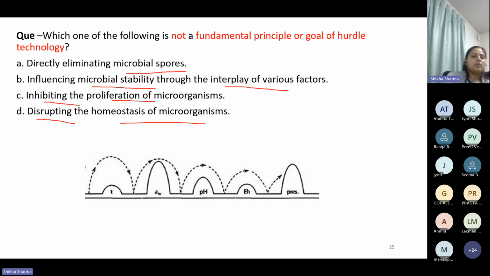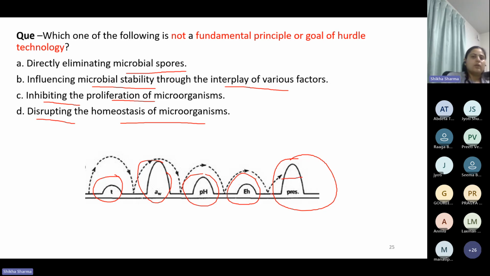So if a microorganism is able to cross one barrier, all its cellular energy will be used up until it reaches the final process and will not be able to cross.